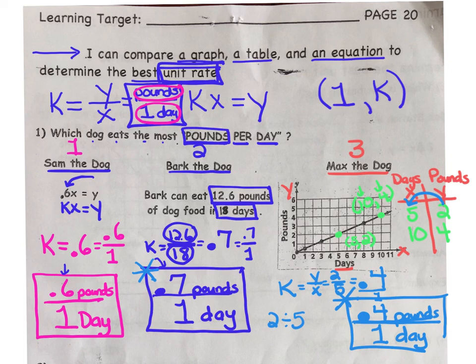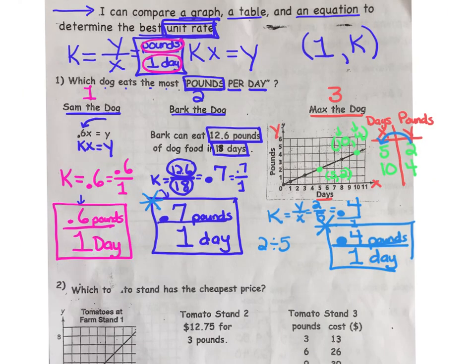Let's take a look at the question we must answer. If we go back and look at our original question, they wanted to know which dog eats the most per day. Now you have to answer, which dog?